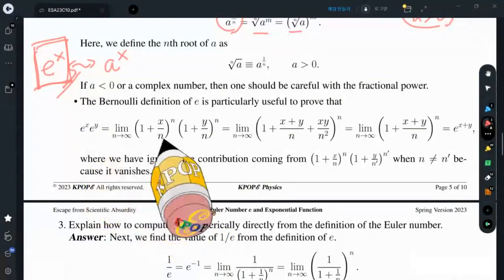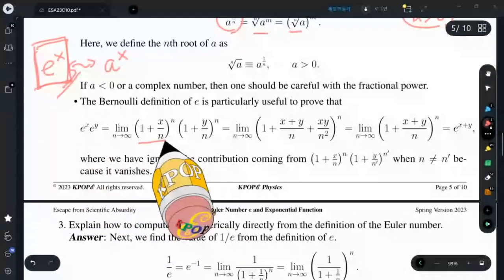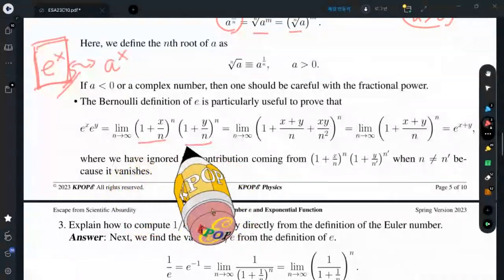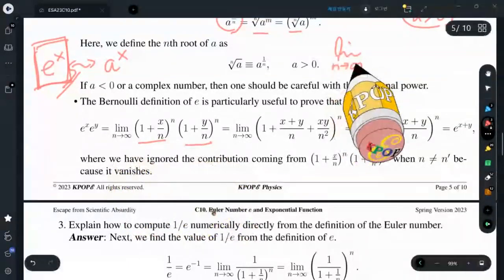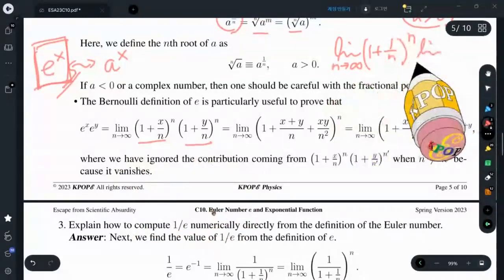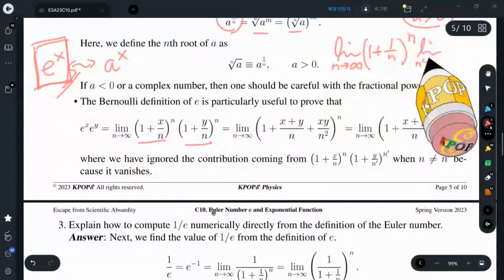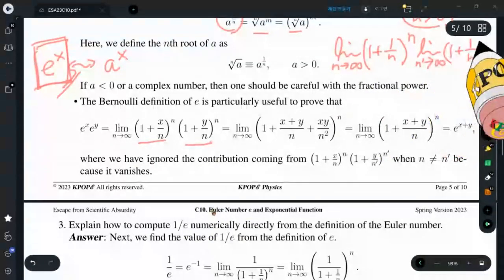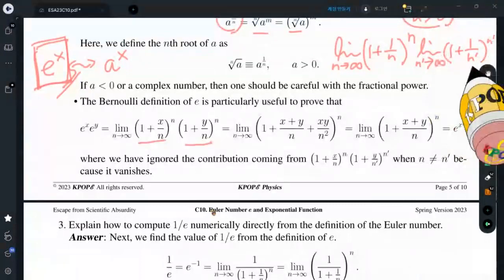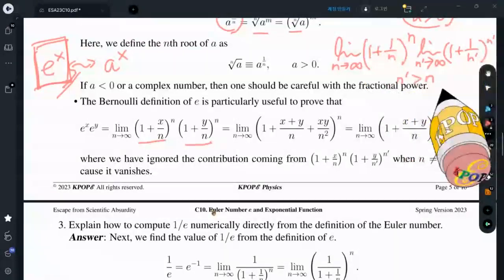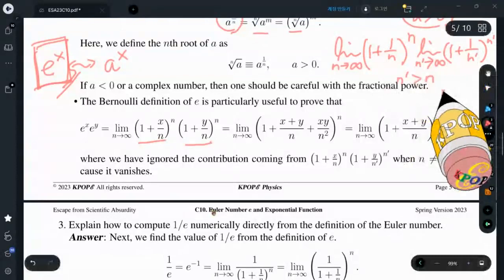We have this one and this one in the limit as n goes to infinity. In fact, in general, it should have been written in this form: 1 plus 1 over n to the n, and we have a different n', they are dummy, so I should have written in this manner. However, in that case, I can assume that n' is greater than n, then I can replace this with n plus delta.